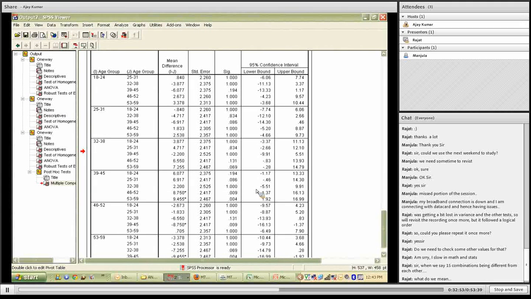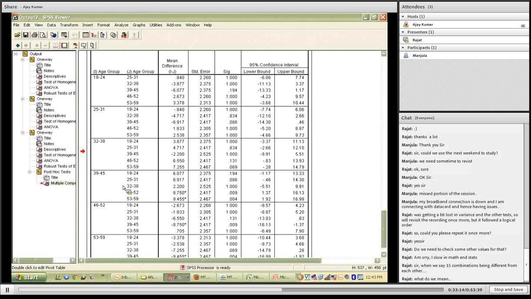And then we eventually found out that the difference between someone who is of age group 39 to 45 and someone who is of 46 to 52 actually brought the results of ANOVA to be significant.